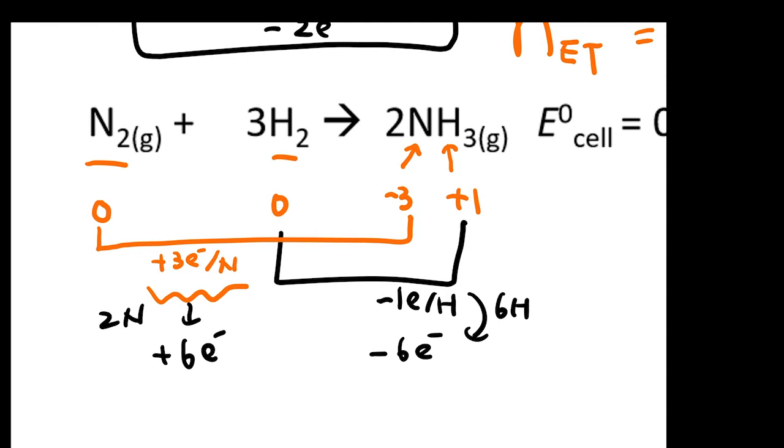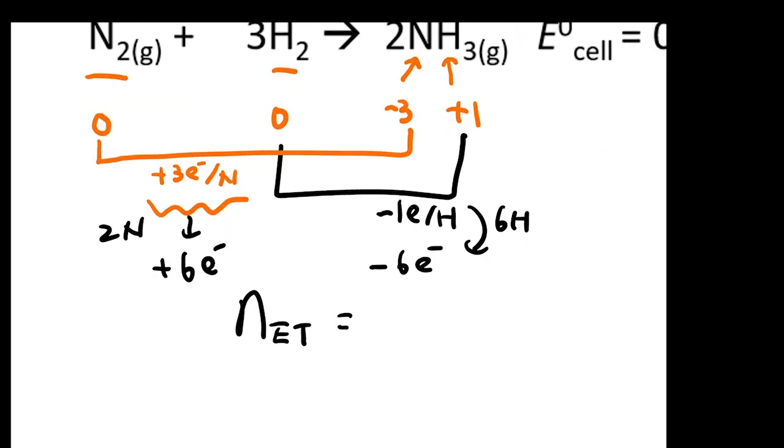By doing this simple analysis, your LoRa loses 6 electrons and your GRock gains 6 electrons. They must be the same. So the number of electrons transferred in this reaction is 6.